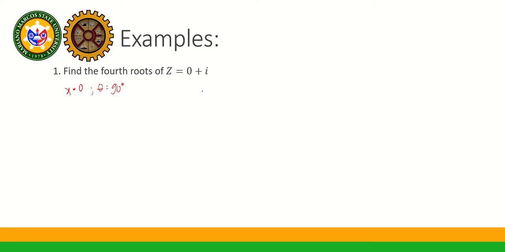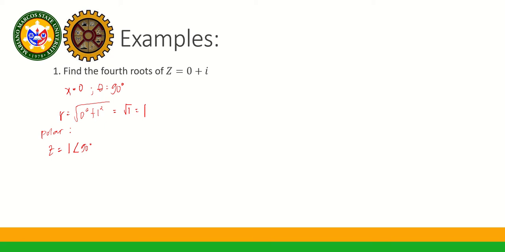And if we convert this into polar, so kunin natin si r, this will be the square root of 0 squared plus 1 squared. Therefore, yung r natin is equal to 1. So, sa polar, this will be, z is equal to 1 angle 90 degrees.